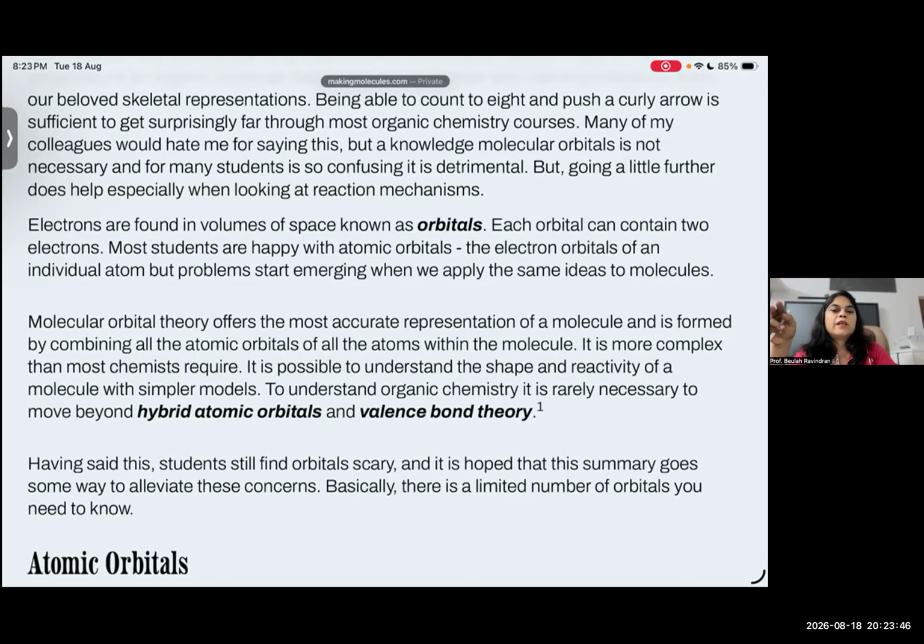Similarly, repulsive forces also arise between the electrons of the two atoms, electron of A to electron of B, and between the nuclei of the two atoms, nucleus of A to nucleus of B. This is explained in a figure in your book. Attractive forces tend to bring the two atoms close to each other, whereas repulsive forces push them apart. The figure shows this clearly. There is also a potential energy curve for the formation of the hydrogen molecule.